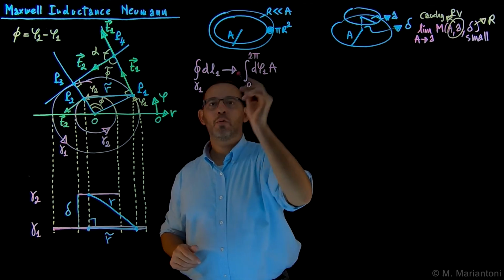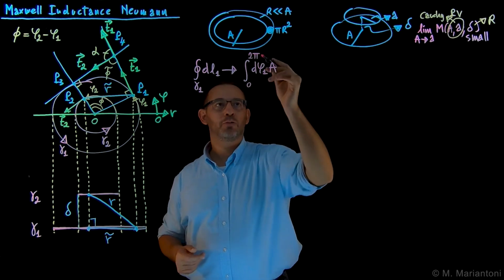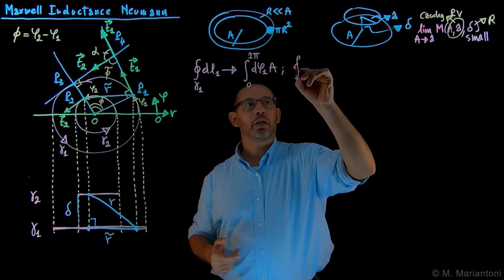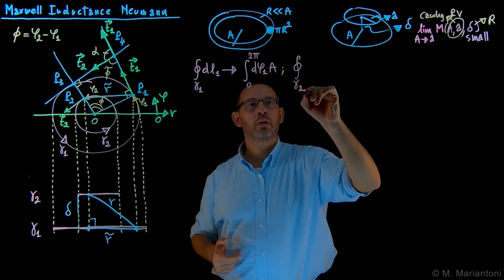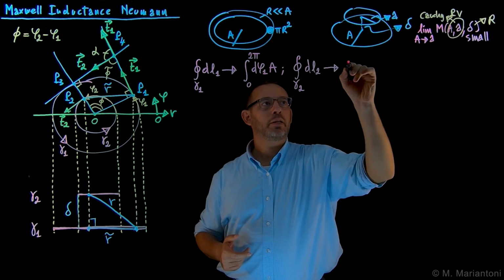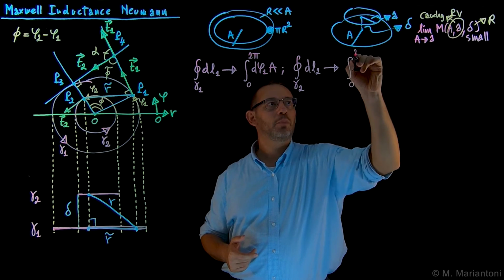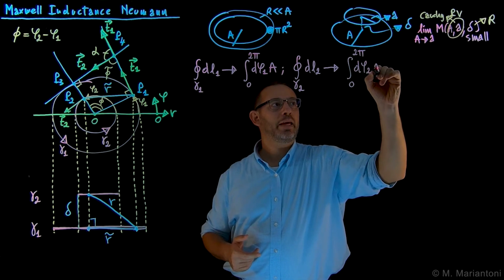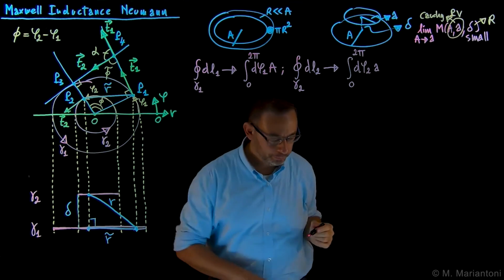So the circulation on gamma 1 of dl1 is just the integral from 0 to 2 pi d var phi 1 dA. Similarly, the circulation along gamma 2 of dl2 gets mapped into the line integral from 0 to 2 pi of d var phi 2 small a, which is the radius of the small loop.